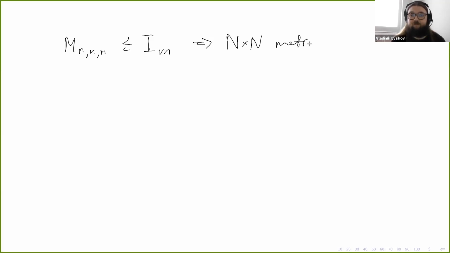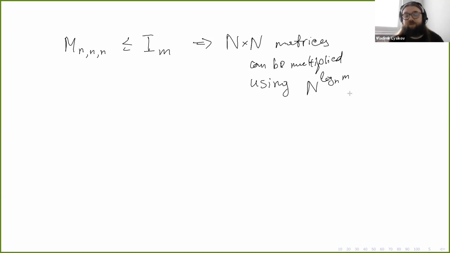So if the matrix multiplication tensor of size n times n is a restriction of a diagonal tensor M, then n times n matrices can be multiplied using n to the log m base n arithmetic operations.